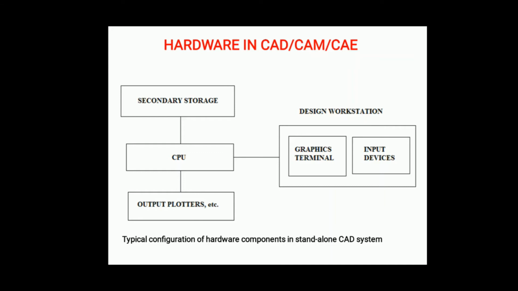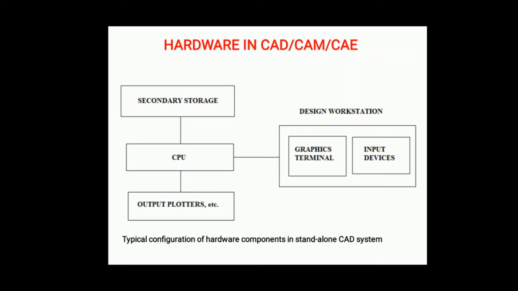So first we will see the design workstation. The design workstation consists of the display terminal, that is our graphics terminal, and a set of user input devices with which the user interacts with the geometric model by entering numeric data, entering system commands to perform various graphics operations, and by controlling the cursor position on the display screen.